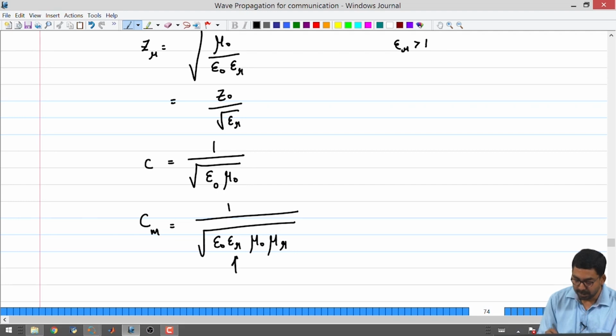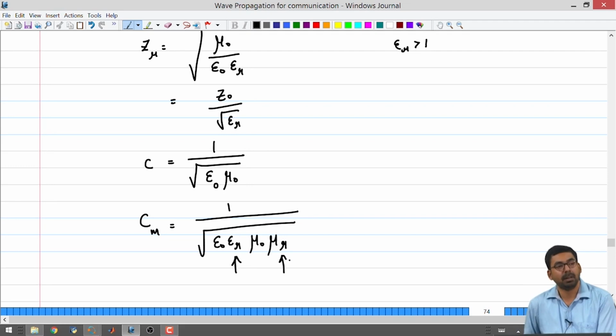Epsilon r is greater than or equal to 1, mu r is greater than or equal to 1. You can also keep it equal to 1 for many cases, which means that in any material medium the velocity is going to be smaller than the velocity in vacuum.